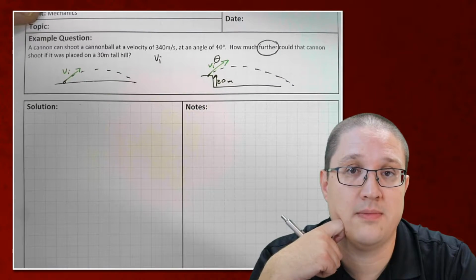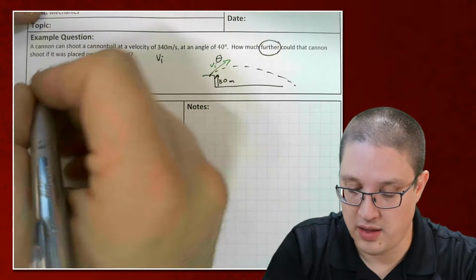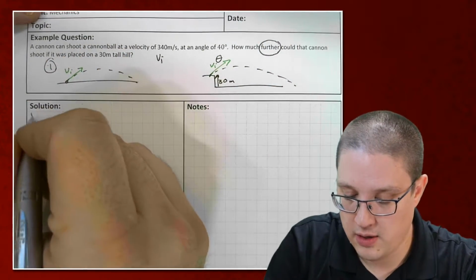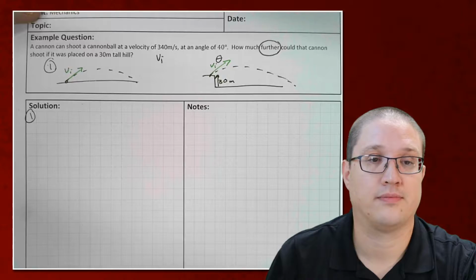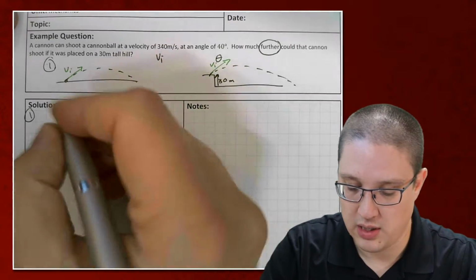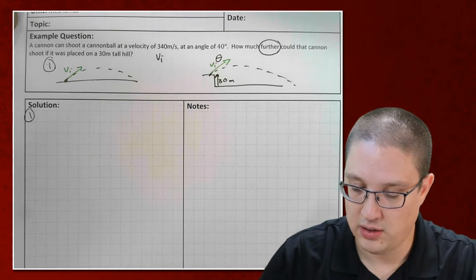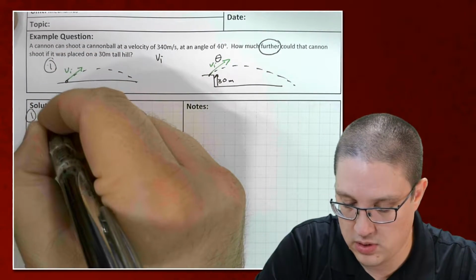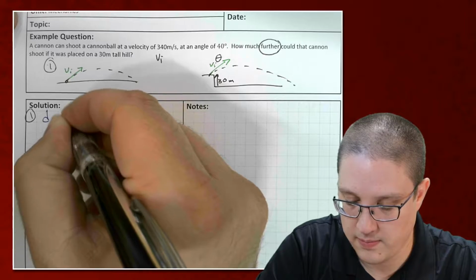How can I solve these? Well, let's start by this solution here. So on the flat ground, our first step is I need to decompose the initial velocity here.